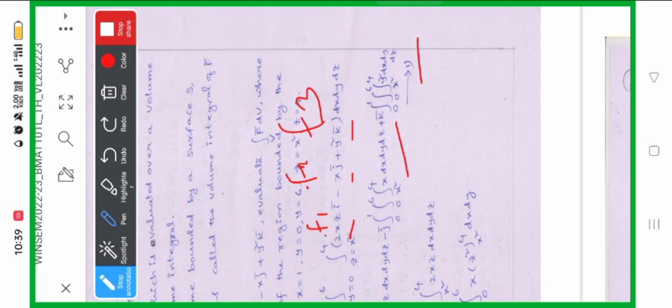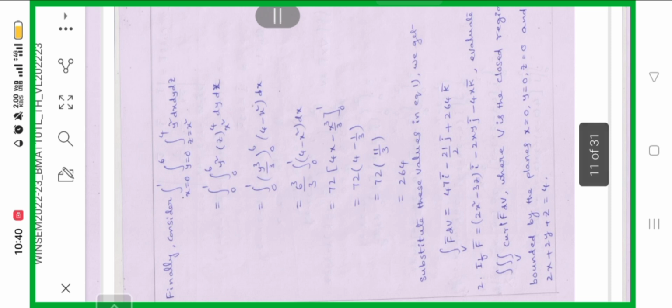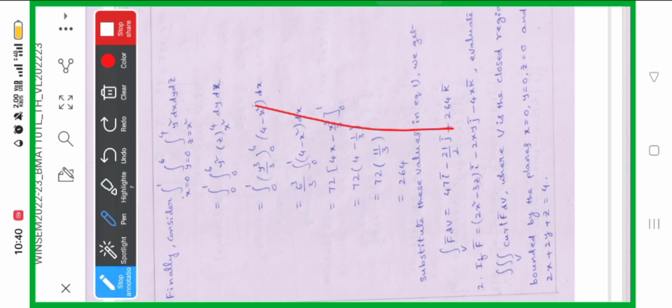Now y square k, we have to integrate y square k with dx, dy, dz. Finally we have the third term, the f3 term: integral over 0 to 1, 0 to 6, x square to 4 of y square dx, dy, dz. First we will integrate with dz, so y square z will happen.